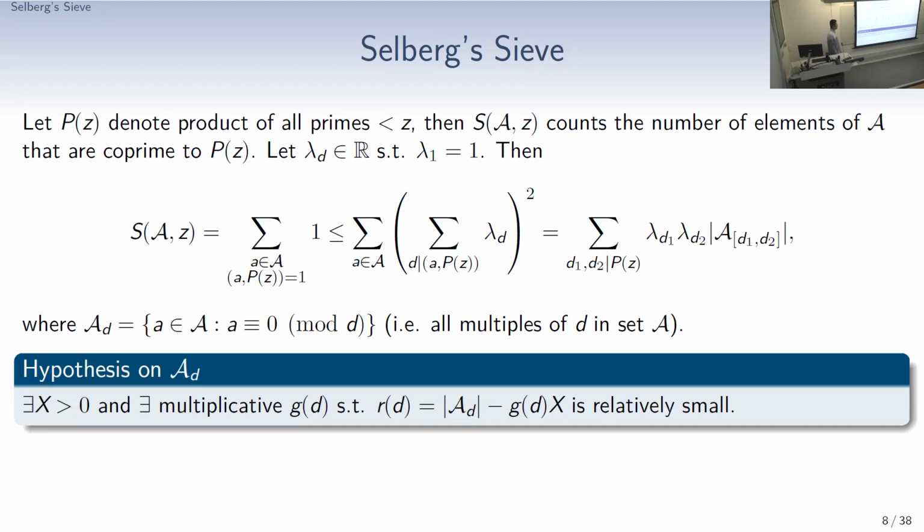We mentioned before that this function is essentially counting the elements of the set A that are free of prime divisors less than z. Which means that if we let this capital P denote the product of all primes less than z, then this function is counting the number of elements of set A that are coprime to this product capital P, because otherwise, it's going to have a prime divisor less than z.